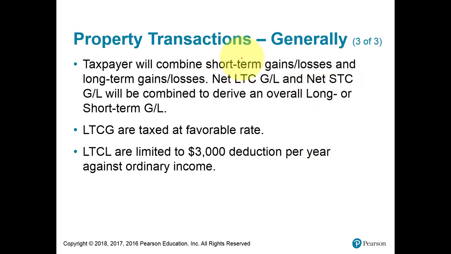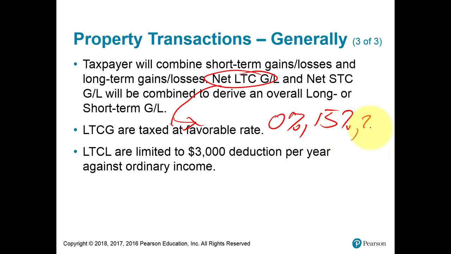It's explained, that netting, here in this paragraph. Ultimately, if you have a net long-term capital gain, here it says that's going to be taxed at a favorable tax rate. The favorable rate is either going to be 0, basically tax-free, or a low 15% rate, or a relatively higher 20% rate. That's long-term capital gains.